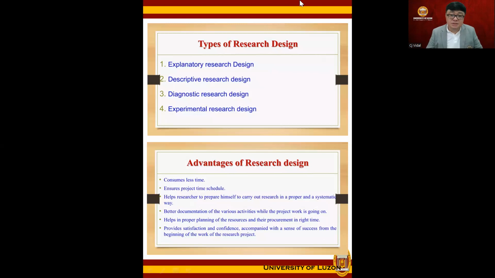Finally, we have the experimental research design. This type of research design is often used in natural science, but it is different in social sciences. Note that human behavior cannot be measured through laboratory procedures, while the social researcher uses a method of experiment in that type of research design.